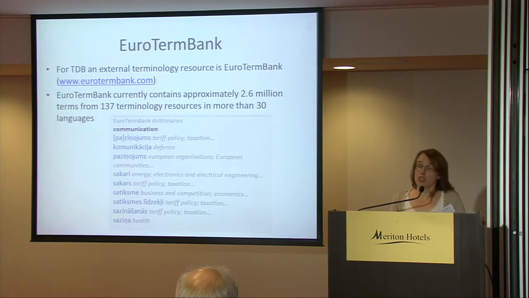We use EuroTermBank as an external resource, which is linked in our dictionary software. As you can see, it contains more than 2.5 million terms in many languages. And EuroTermBank is also not a single resource. It's again linked to other resources like IATE and Microsoft Termbase, and then it's consolidated into our dictionary browser.